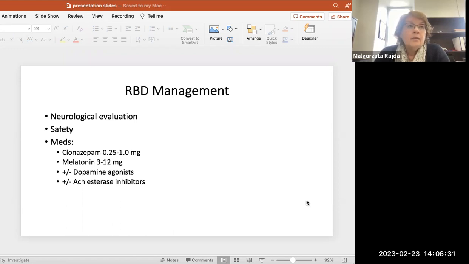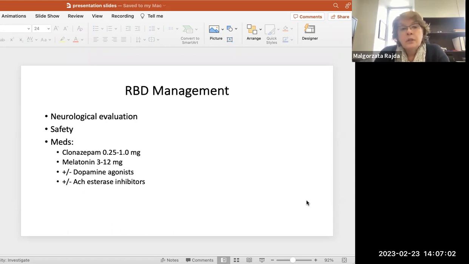And the management so far remains medications. The first line recommendation is clonazepam in a small dose at bedtime. Of course, it can be problematic in some elderly patients, especially with cognitive decline. An alternative is melatonin in fairly high doses, 3 to 12 milligrams a night, and sometimes we go higher than that.